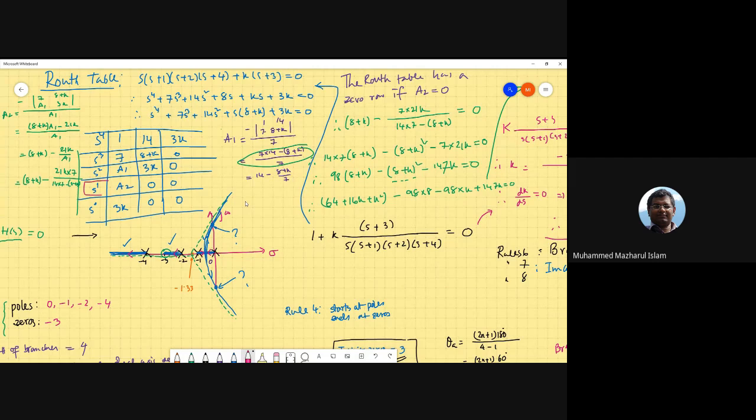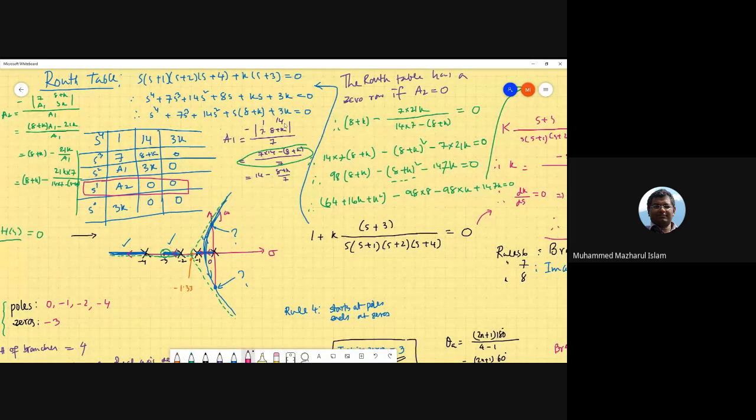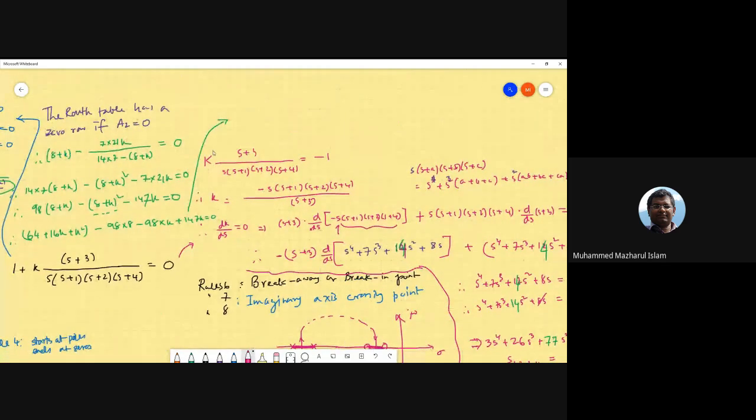If this is our 0 row, then first we have to check whether the 0 is obtained for any positive value of k. ঠিক আছে? So that's why you have to solve this equation first to find out the value for which you have a 0 row. বোঝা গেছে কি? So you have to solve this equation.